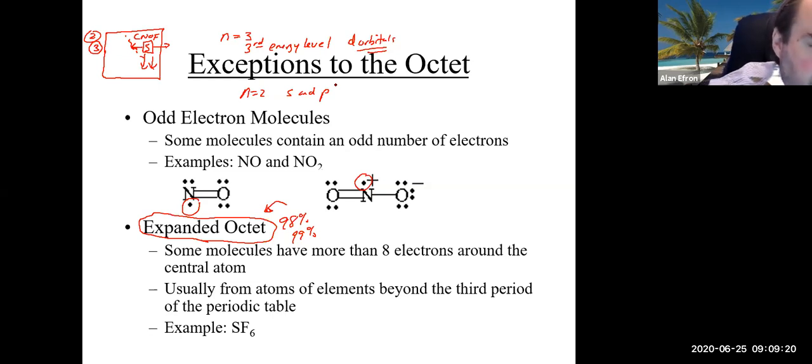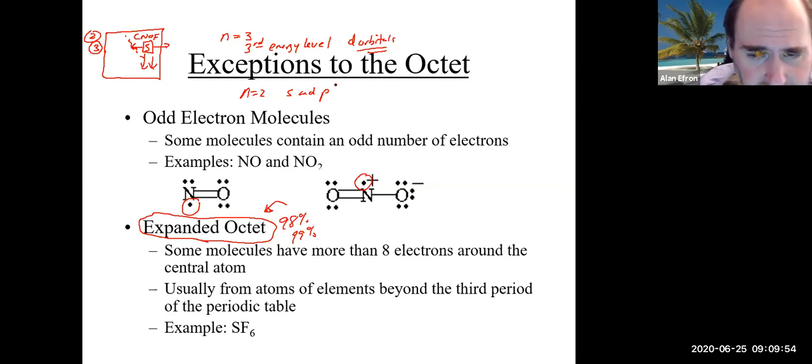That means nitrogen, oxygen, carbon, and those elements should never go over 8 because they don't have the ability to do so. Those elements in period 2, above sulfur, always have to obey the octet rule because they don't have d orbitals available. But once you get down to sulfur, and to the left and right and down, they do have the ability to go above it.